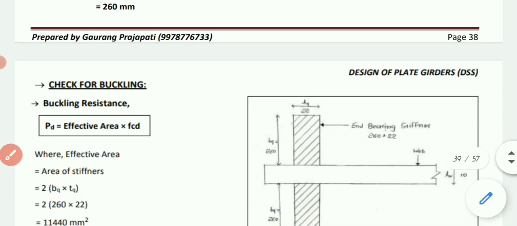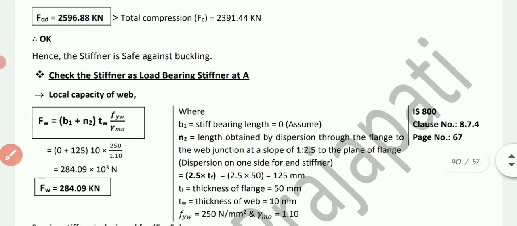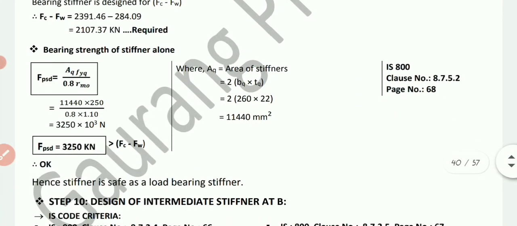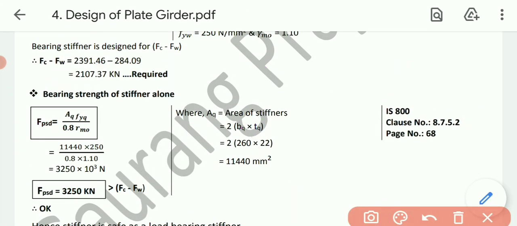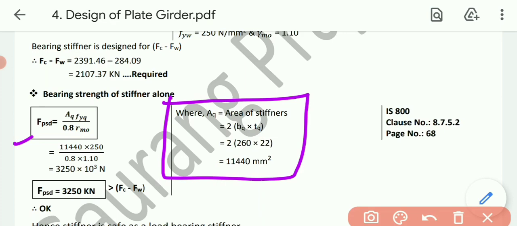So let's calculate once again. This FPSD indicates that your finally stiffener can resist this much force. So bearing strength of the stiffener, FPSD, equals AQ FYQ divided by 0.8 gamma m0. The only unknown parameter is AQ, that is area of the stiffener. We have provided stiffener of size 260 cross 22 mm. Now one pair of stiffener is there, so multiply by 2.